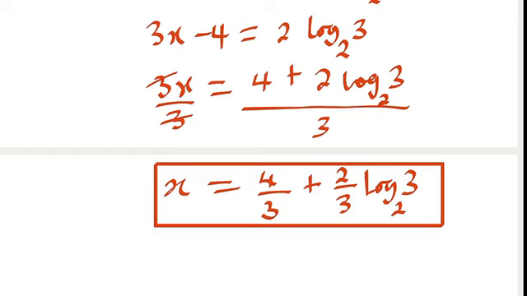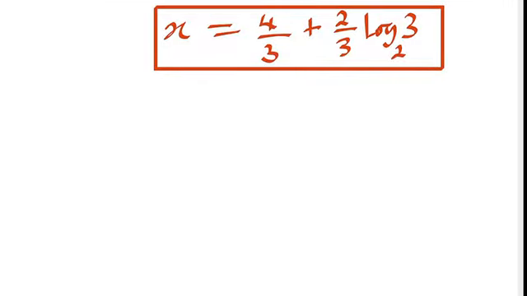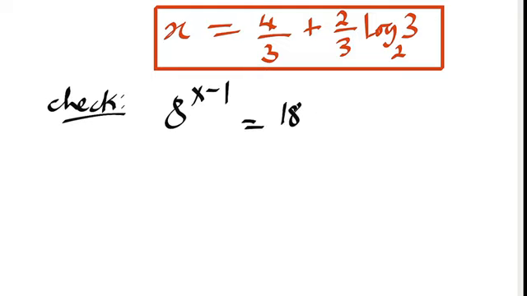Now, let's see how we can check whether we are right or not. By checking, we are given 8 to the power of x minus 1 equals 18. So we have 8 to the power of x divided by 8 to the power of minus 1.